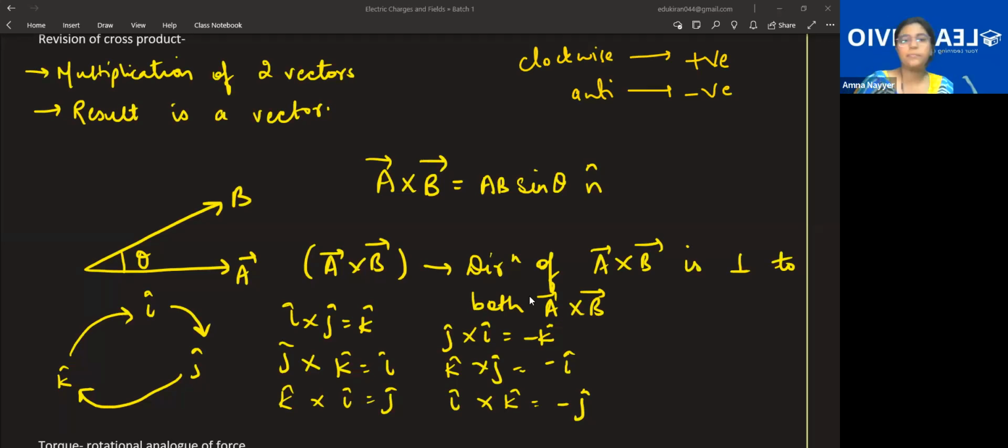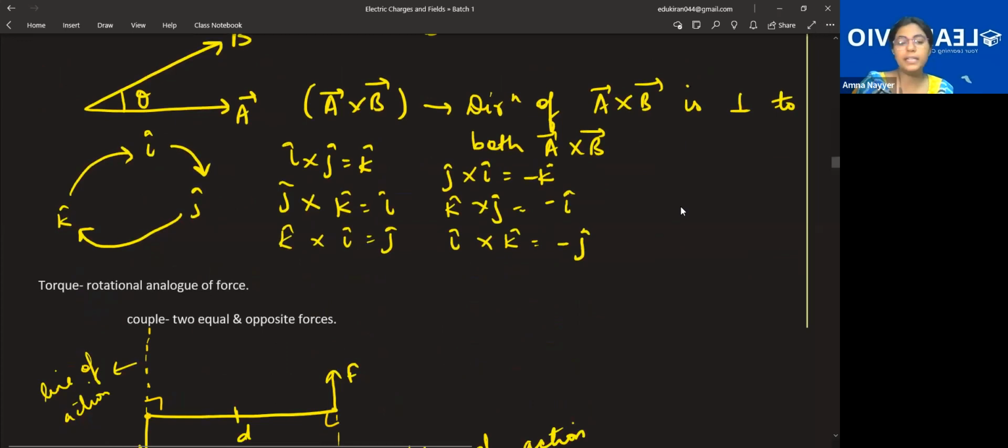See, when you are having cross product, A cross B is equal to magnitude of A, magnitude of B sine theta, AB sine theta. You have to remember this, because torque is a vector quantity, so we'll be needing it. When you have i cap, j cap, k cap, write it like this and start moving clockwise.